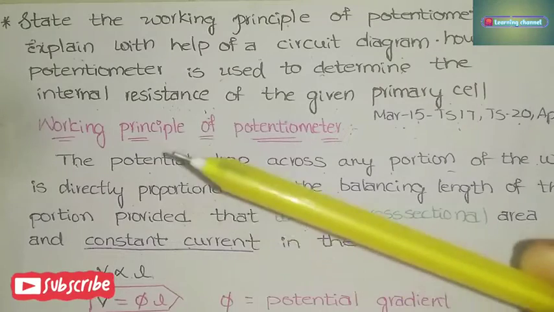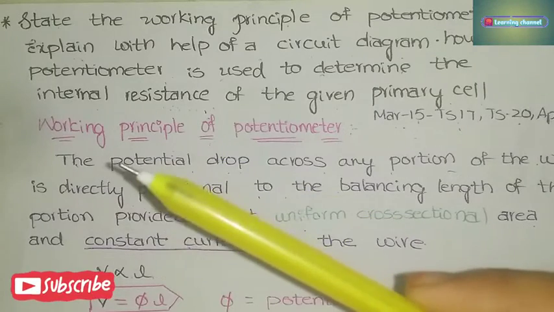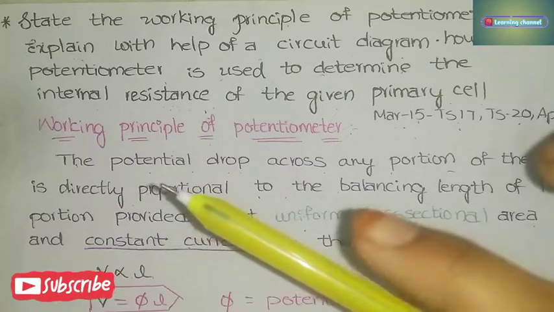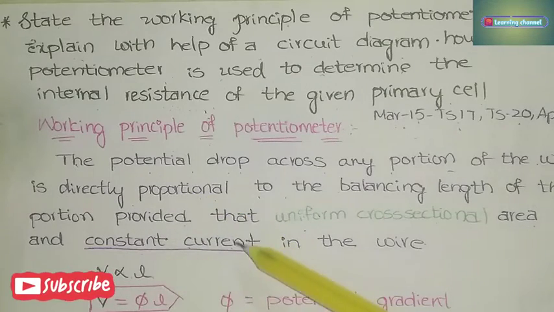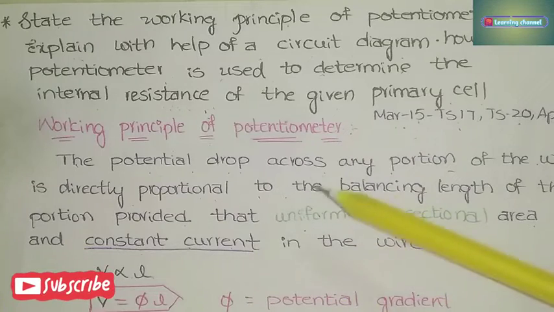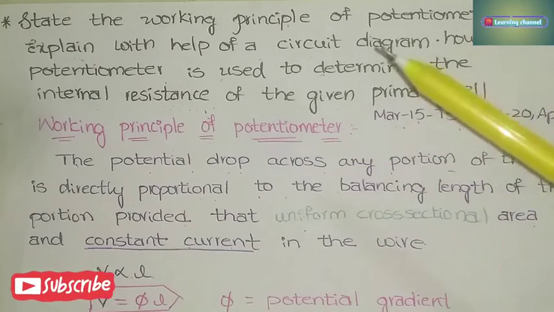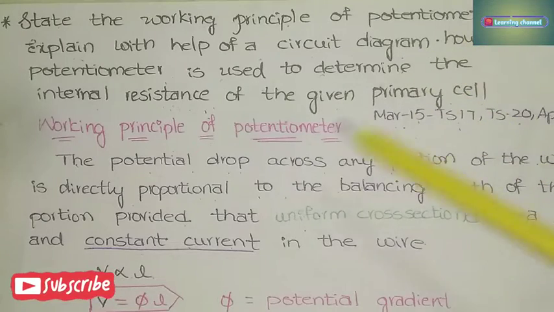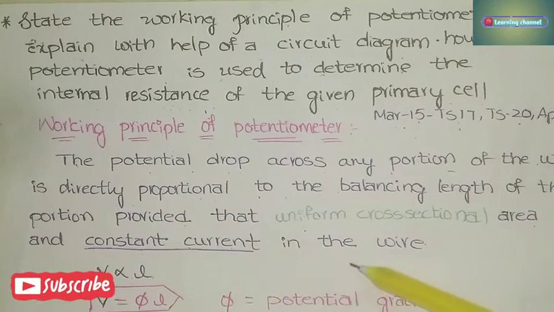For example, the width should be constant throughout the wire. A constant current is passed through the wire. If it is 20 ampere, until the experiment ends we have to use only 20 amperes. So, constant current in the wire.